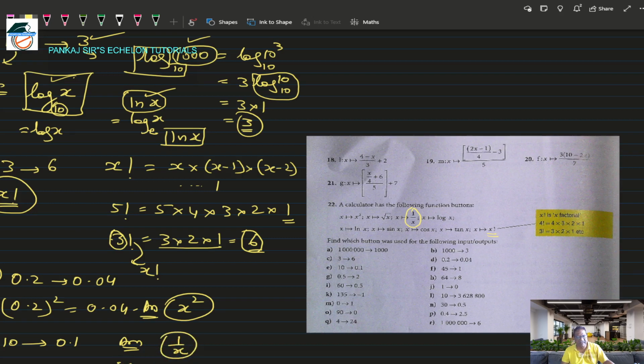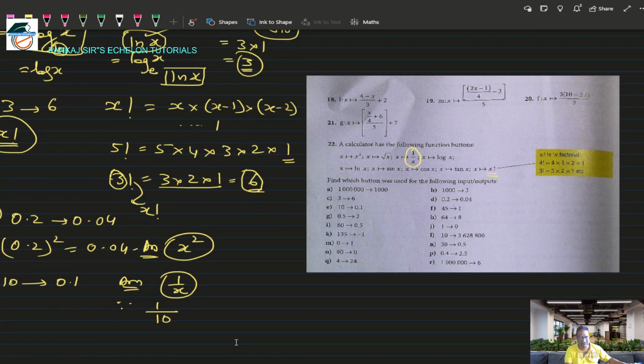Why? Because if I put this 10 as input in place of x, it will be 1 upon 10, which is 0.1. So this is my output, this is my input. The function has to be 1 by x, right?